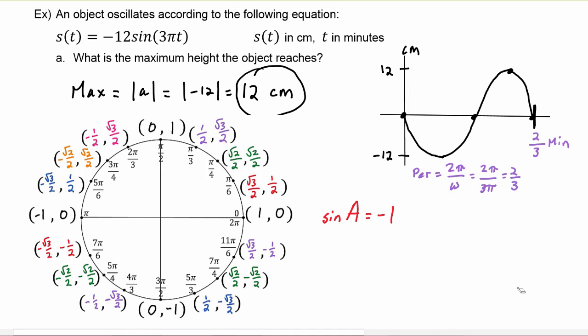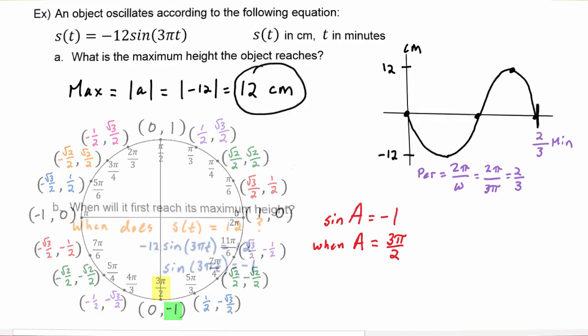When is the first time the value of the sine function is equal to negative 1? Well, that occurs when A, our argument, is equal to 3 pi over 2. That's the first time that that will happen.